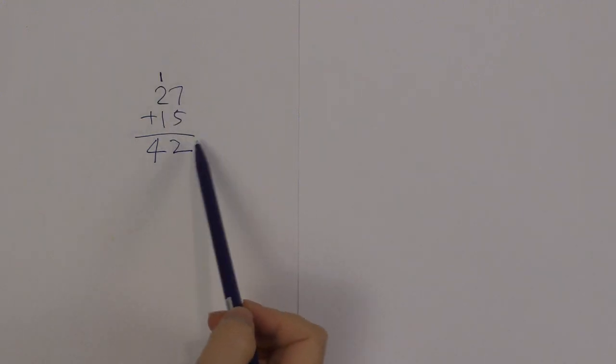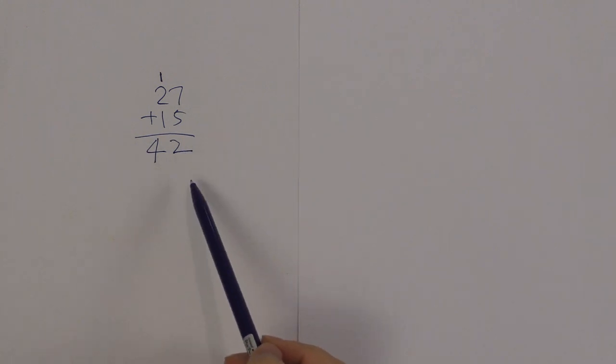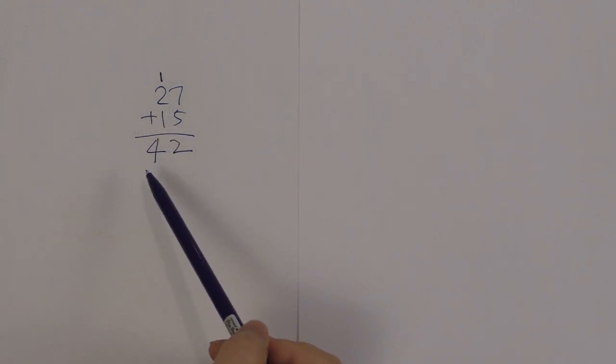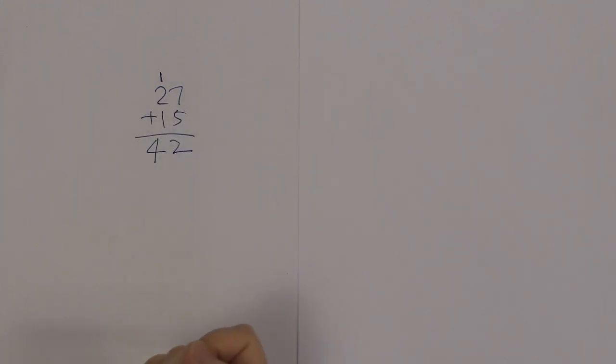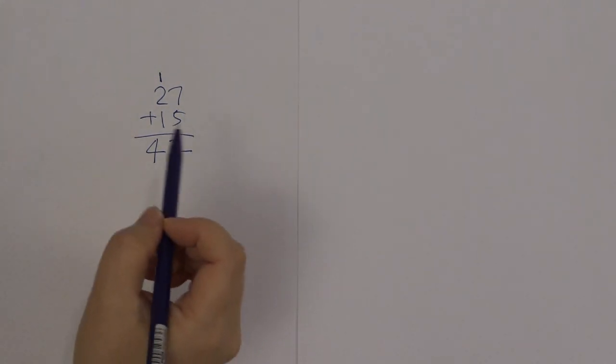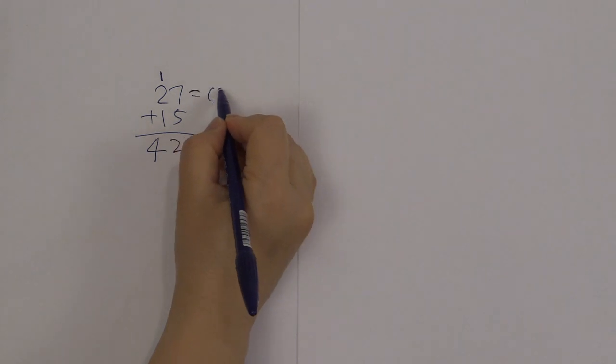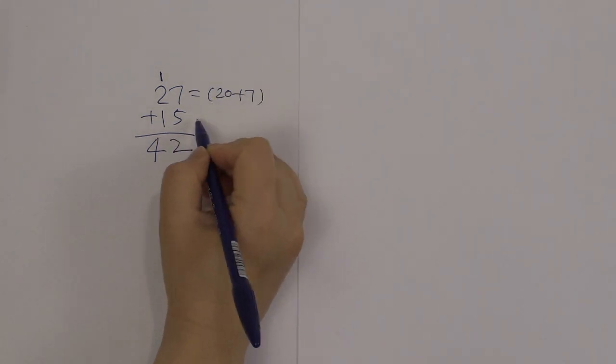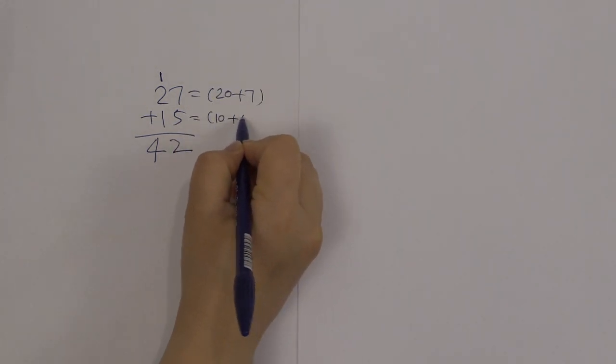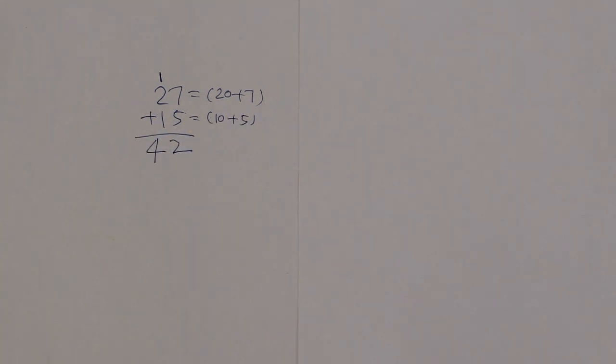This one hides the steps of what's going on behind the algorithm, and it doesn't explicitly say the place value we are using here. So this is actually 20 plus 7, and this is actually 10 plus 5. Right?